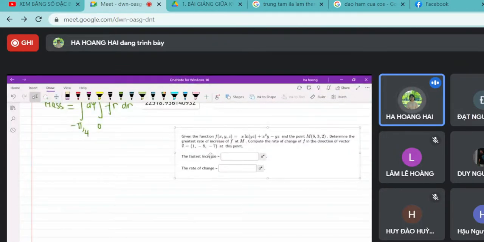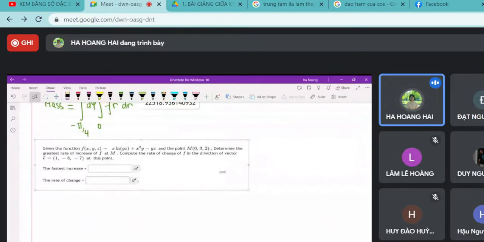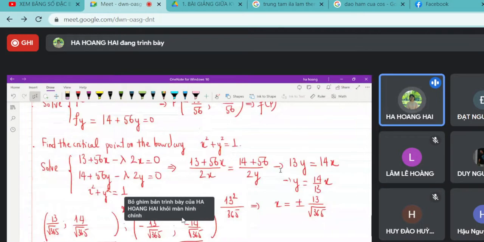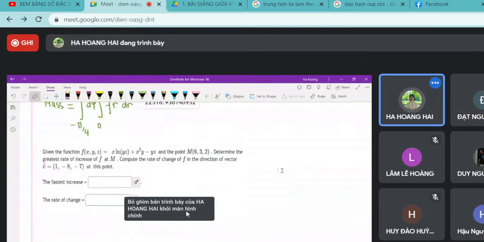Given the function, determine the greatest rate of increase of f at M. Compute the rate of change of f in the direction of vector v at this point. This is question number 8, right? Okay, take question number 8.